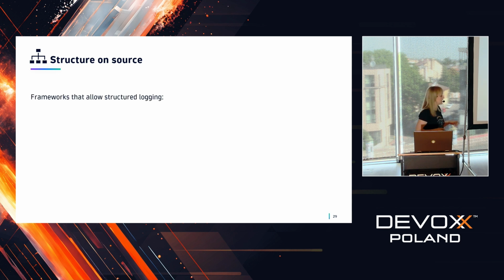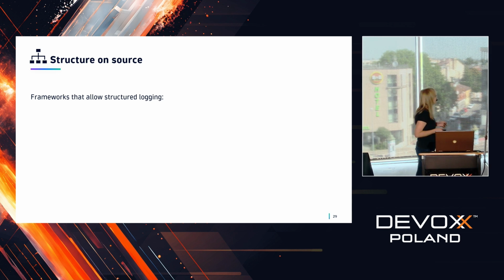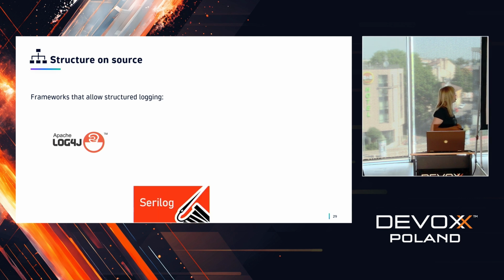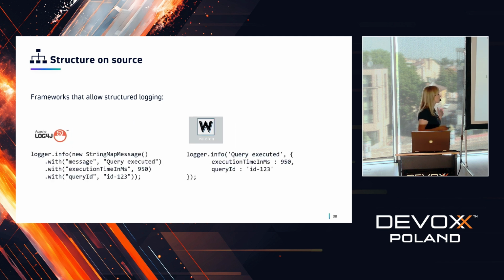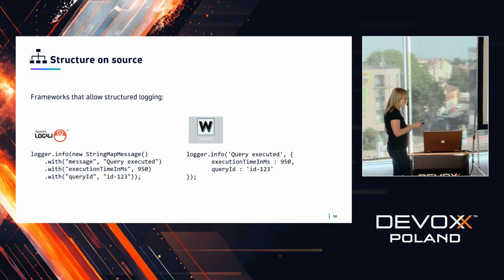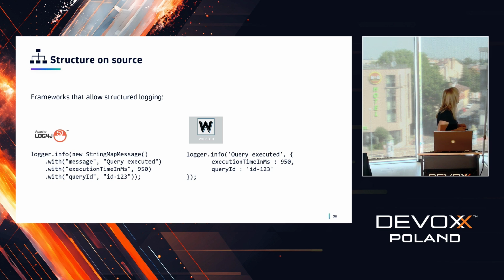The first way is adding structure on source. So we can use frameworks like, for example, Log4j, Serilog, or Winston that support structured logging. Instead of just creating a text log message, we can attach to it some nice key-value pair attributes that we will then use, for example, for filtering the data.